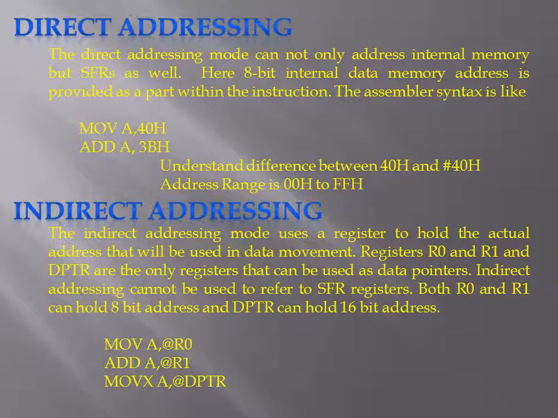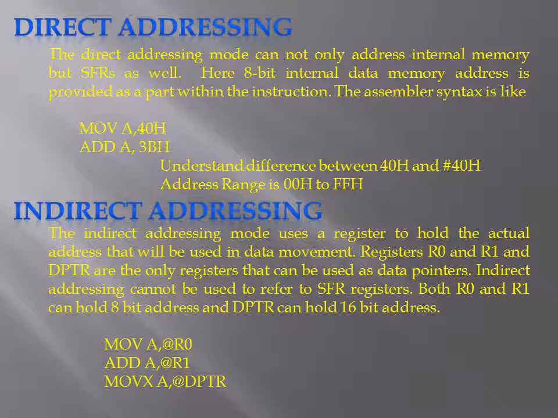The data in the 40h memory of the microcontroller will be transferred to A. In the same way, ADD A, 3bh means the location 3bh data will be added to the contents of the accumulator. There is a difference between 40h and #40h. #40h will be taken as immediate data, and 40h will be taken as the memory address. And the memory ranges from 00H to FFH.